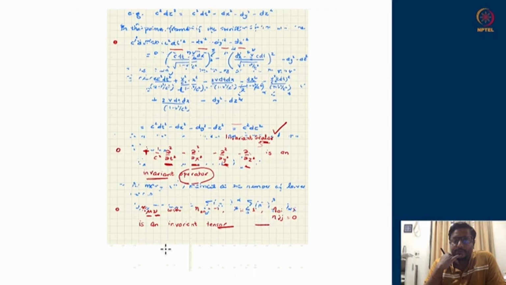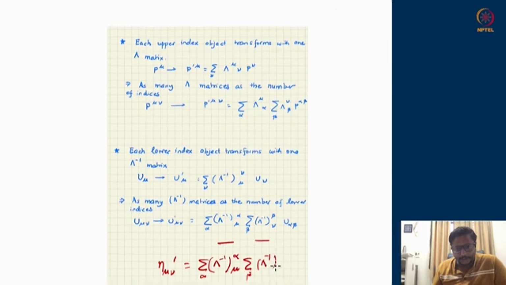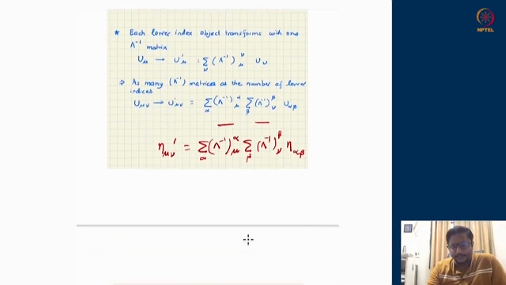So similarly, eta mu nu, if I define, should be eta primed mu nu, in which alpha would be the sum index which is upper, mu here, then there is a beta and lambda inverse here, nu here and beta, and eta alpha beta. This is how any lower index tensor will transform.